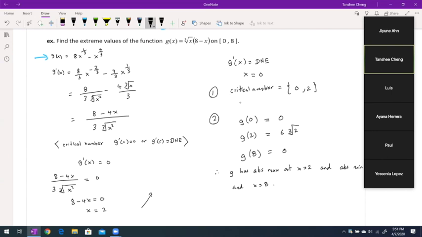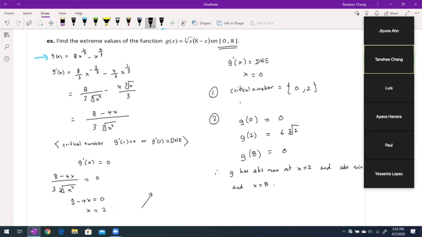When I set it equal to 0 and multiply by the LCD, I'm left with 8 minus 4x equal to 0. So that will give me x equal to 2. Since this 2 is in the domain of the function that we want to look at, from between 0 and 8, this is a critical number.